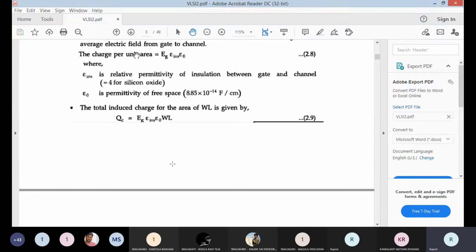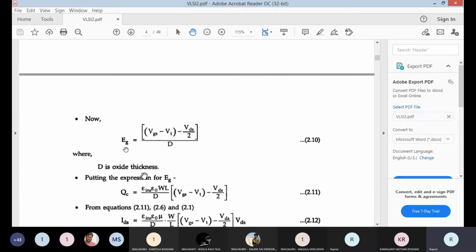Now, we have already covered EDS, because we are applying a VDS. But we are also applying VGS. When you apply VGS, there is an electric field between gate and channel, which is EG.